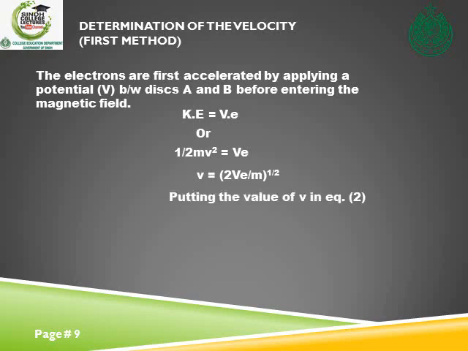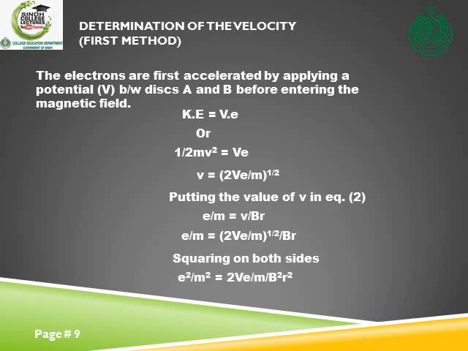Putting the value of velocity in equation 2, that is e by m equals v by BR, you will get e by m equals, with velocity replaced by (2Ve upon m) to the power half, divided by B into R. Squaring on both sides, you will get e squared upon m squared equals 2Ve upon m upon B squared R squared.